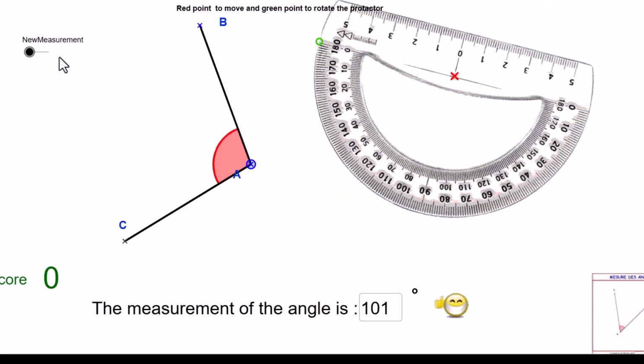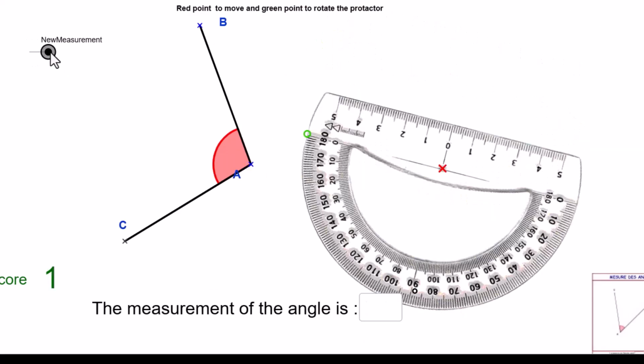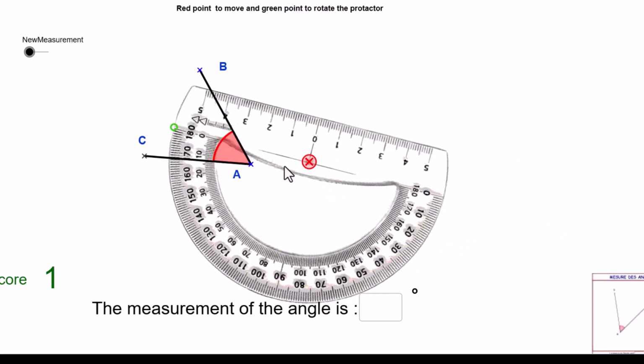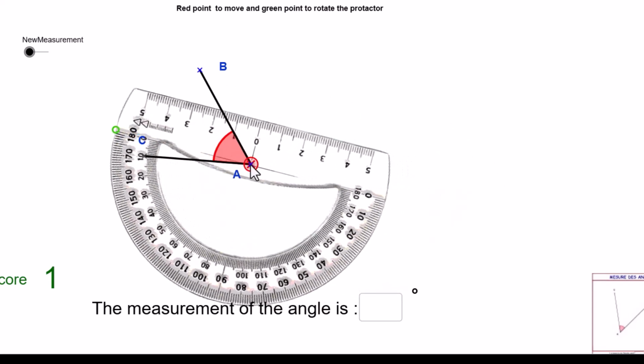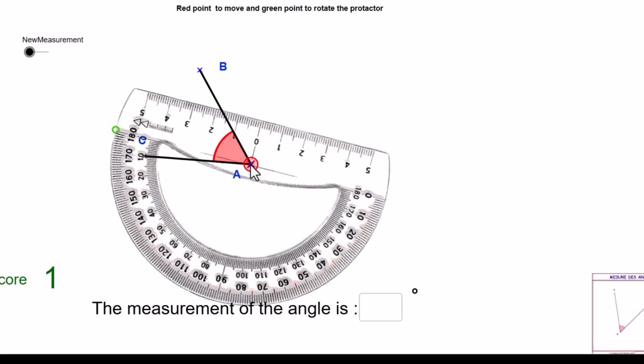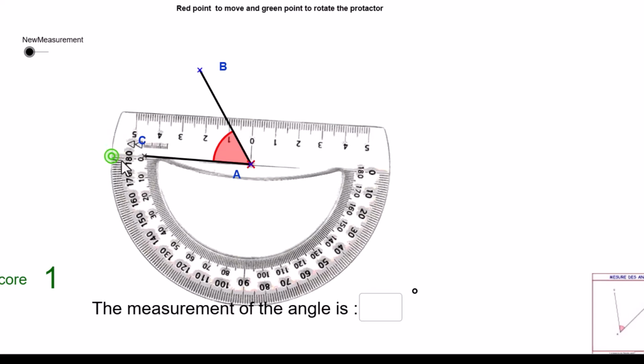So this is an angle. Let's change it again. Let me change the value. So let's take this small angle. Let's say I want to get this angle measurement. Remember the rules again. Take the center point of the protractor and drop it at the vertex of the angle. So that is the first rule. Then take the zero line and put it on one of the arms.